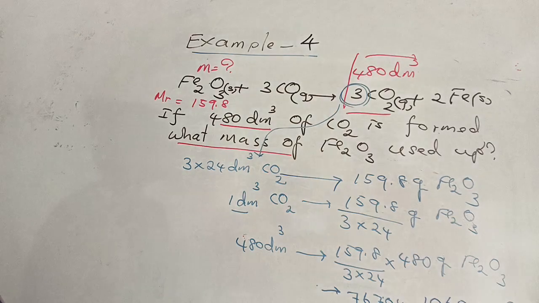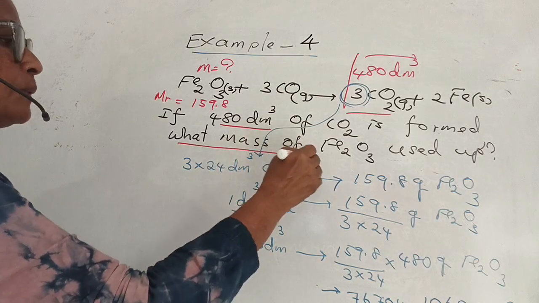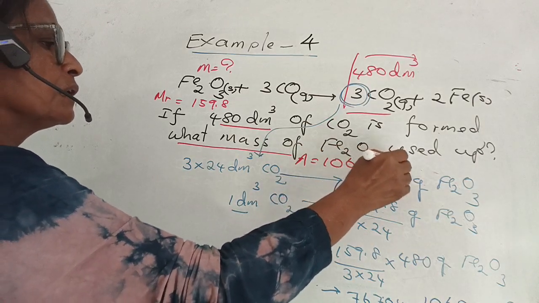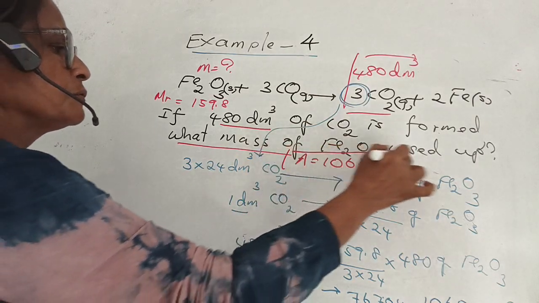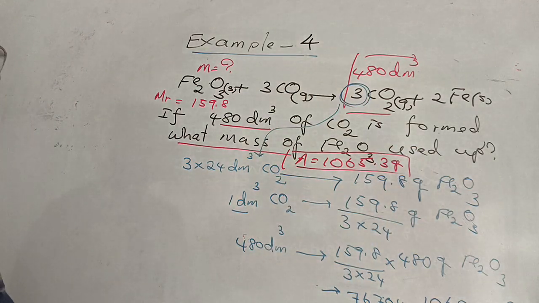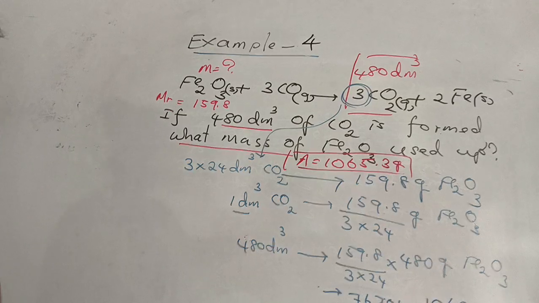So this would be the answer which we can calculate. So the final answer is 1065.3 grams. So you can simplify even further. I used the calculator for this one because I wanted to get the answer in somewhat less time.